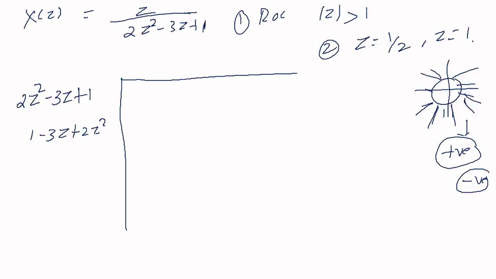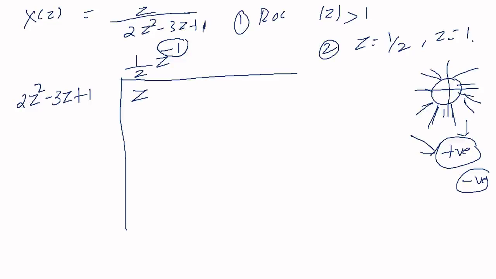The reason you can understand yourselves. Okay, what will we be getting? Half times z power minus 1. Pay attention.